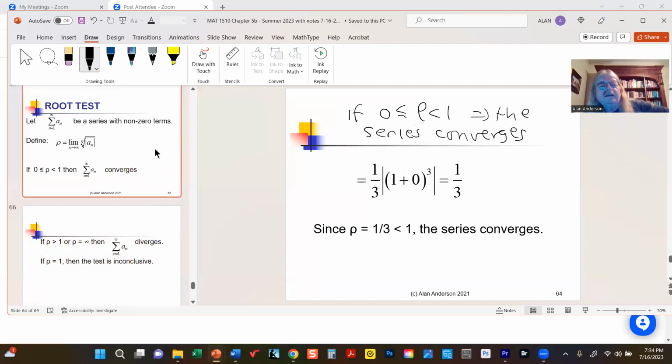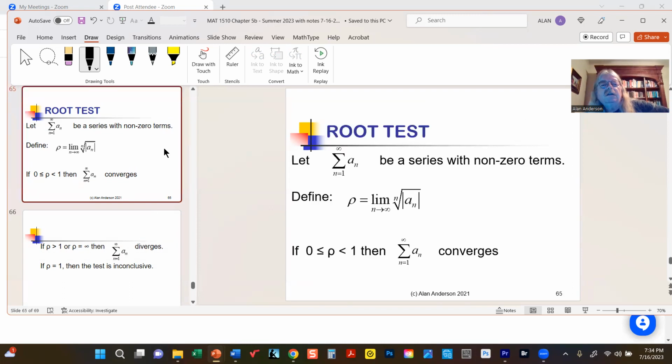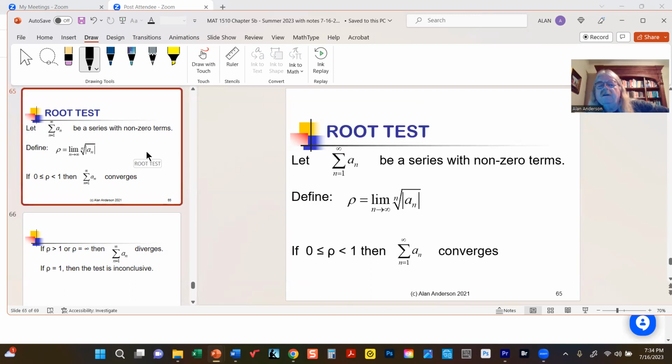Another test. There are so many of them for convergence. What if we have another series of non-zero terms? Here's what we're going to do. Instead of having a ratio, we're going to take the nth root of the absolute value of a_n. And again, you notice the rule is the same.